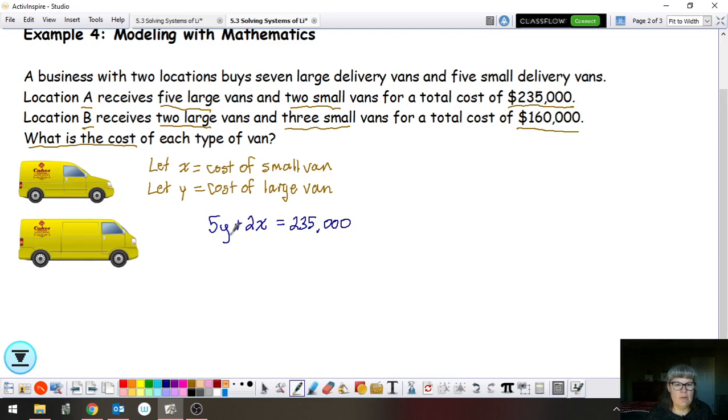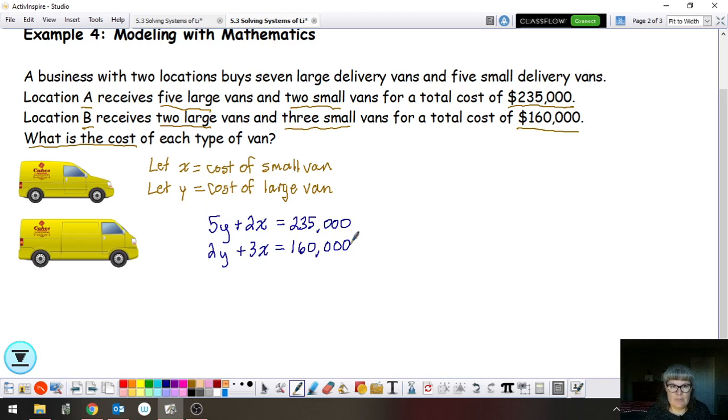Our second equation would be for location B, 2 large, so 2Y plus 3 small, so that's 3X, equals $160,000.